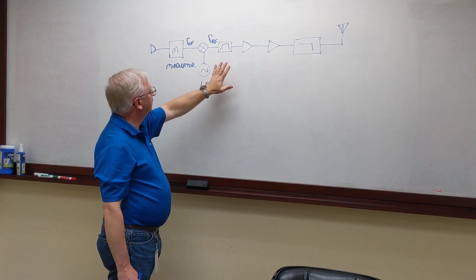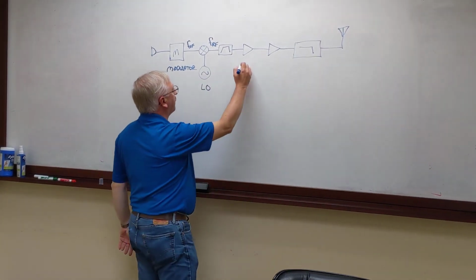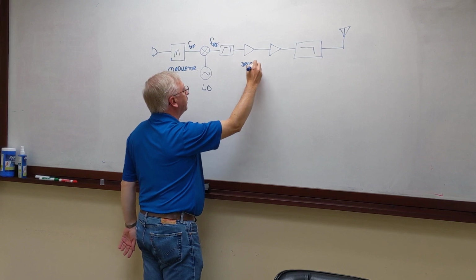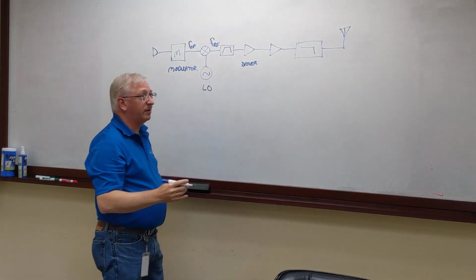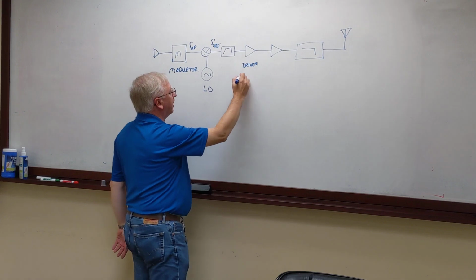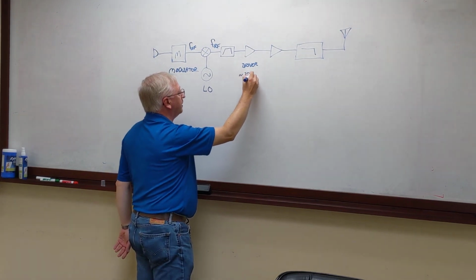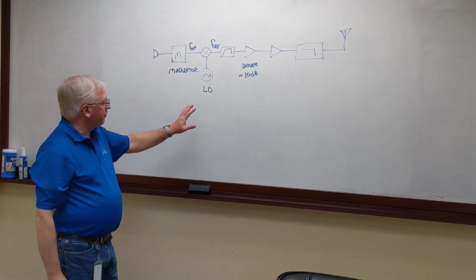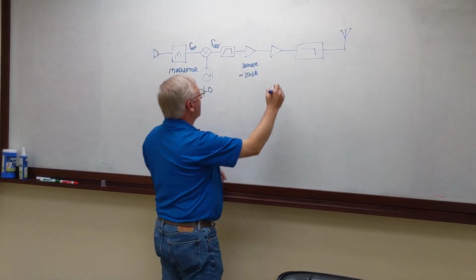And usually you have what's called a driver, which has a certain amount of gain, and typically around 20 dB is the usual driver. And then you have a power amplifier.